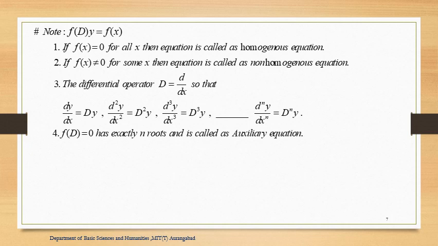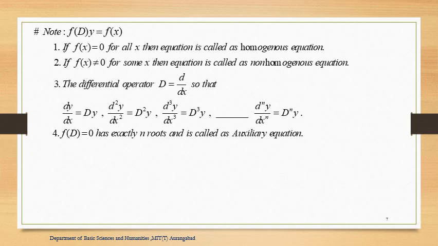Note down some important points. First one is if f of x is equal to 0 for all x, then the equation is called a homogeneous equation. In case of a homogeneous equation, the complementary function is nothing but the general solution of the given linear differential equation of order n.